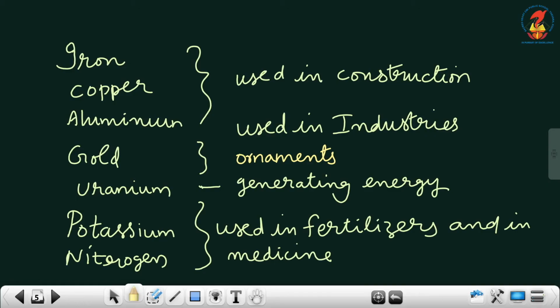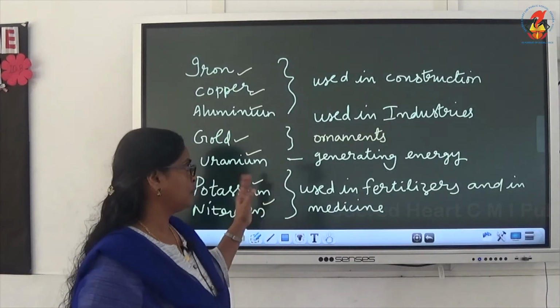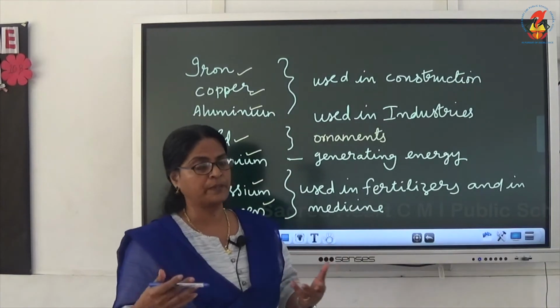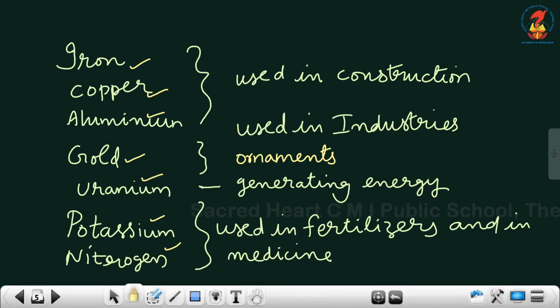Then next, iron, copper, aluminium, gold, uranium, potassium, nitrogen. You know there are many. They are all minerals, used for different purposes. Iron, copper, aluminium are used in construction, in industries, for making ornaments, and generating energy.